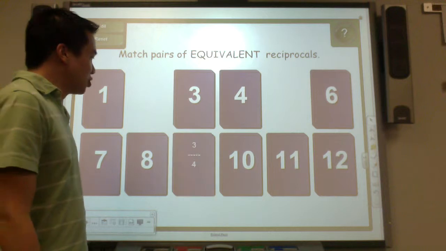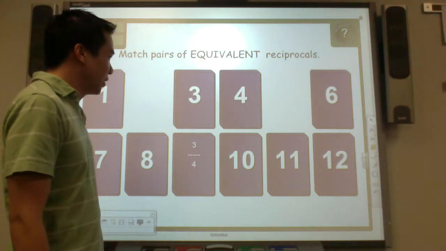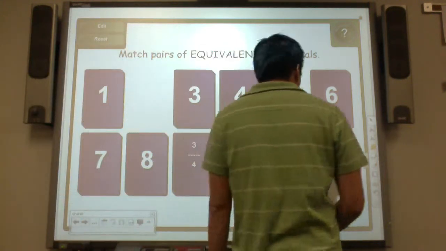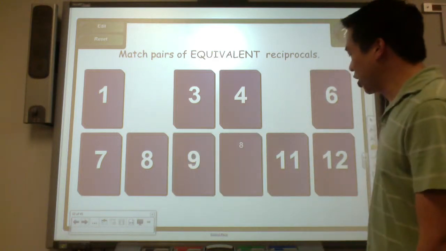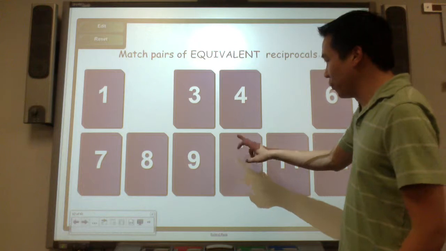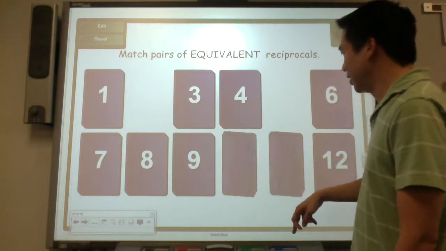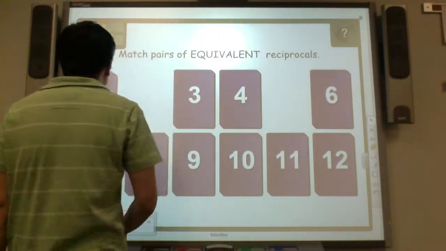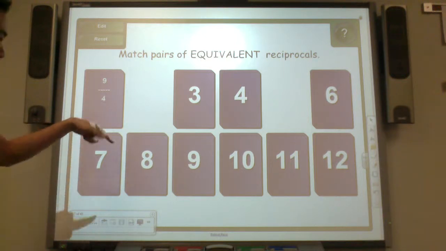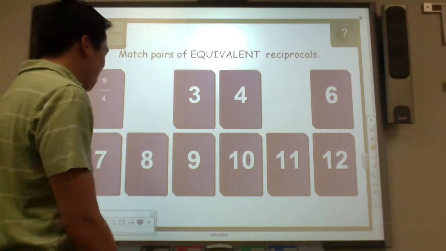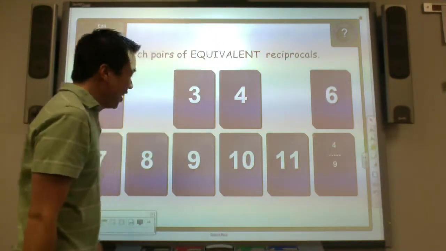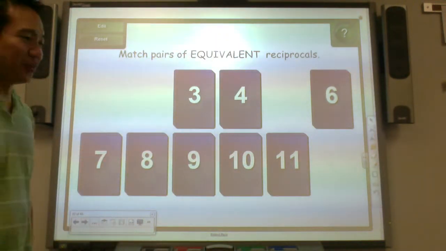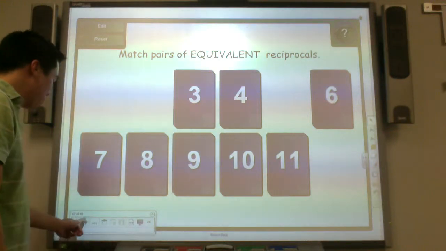No. The reciprocal of 3/4 is 4/3. I cannot. I thought I did this one. The reciprocal of 8, which is 8/1, would be 1/8. You know what? I think I'm gonna give up. You can play this at home.